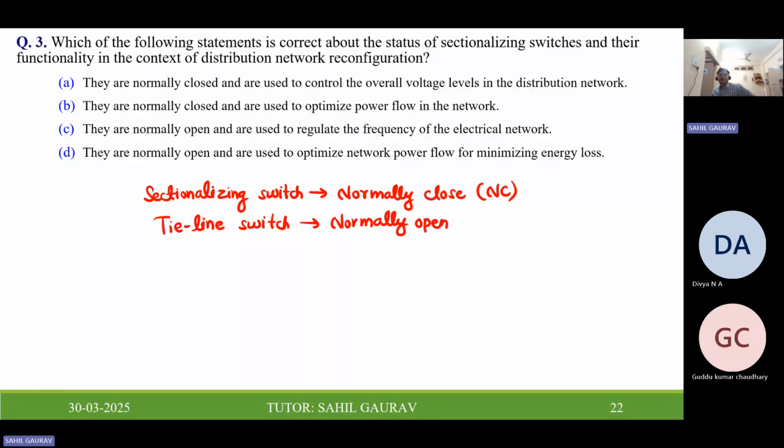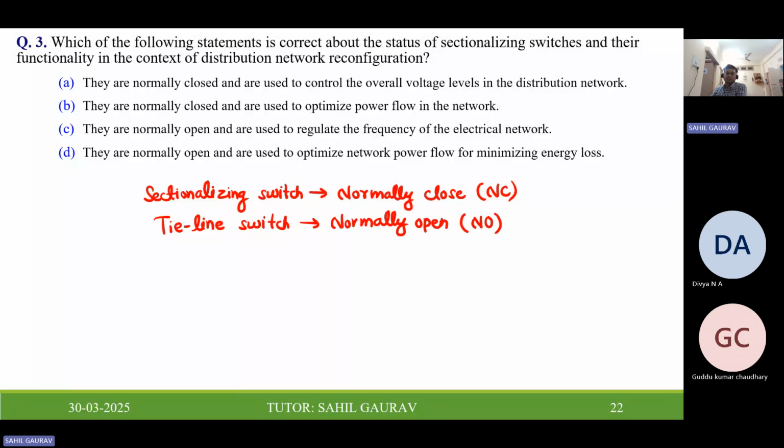Sectionalizing switches are used in the same feeder to connect the branches, to connect the laterals, while tie line switches are used to connect one feeder to other feeders. Therefore, they are of normally open type. And these tie line switches are used in emergency conditions. We can take the power supply from the other feeders through these tie line switches.